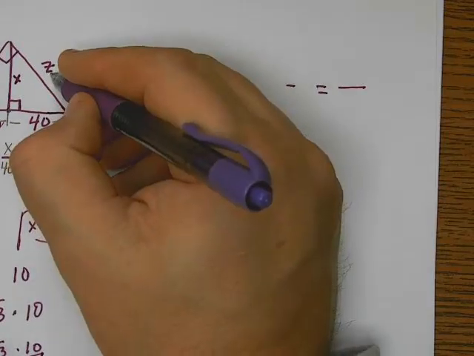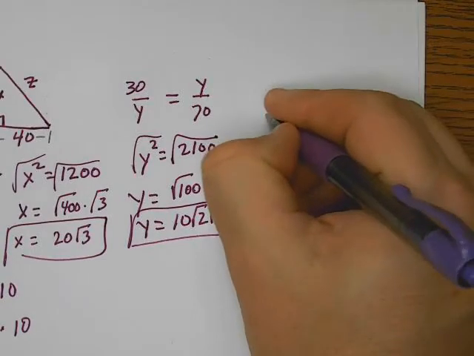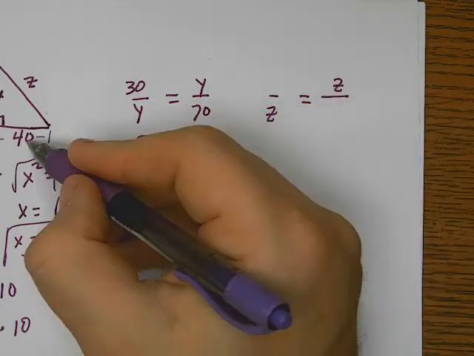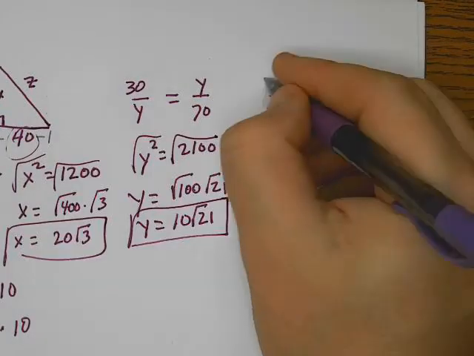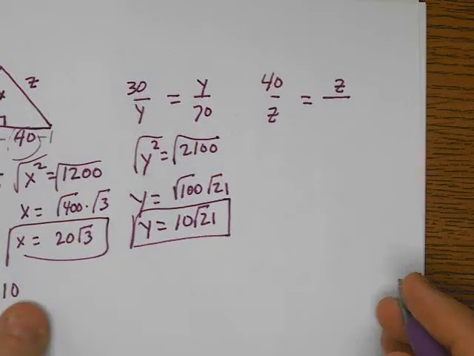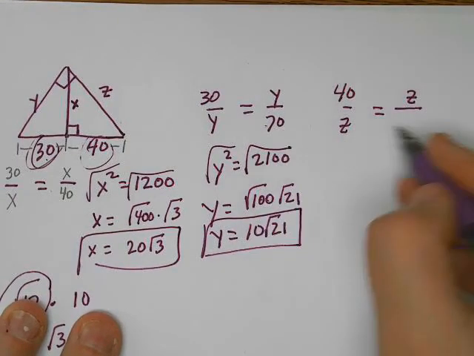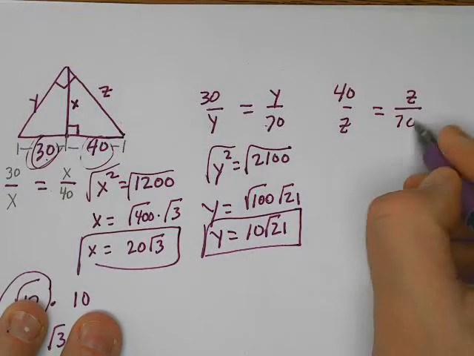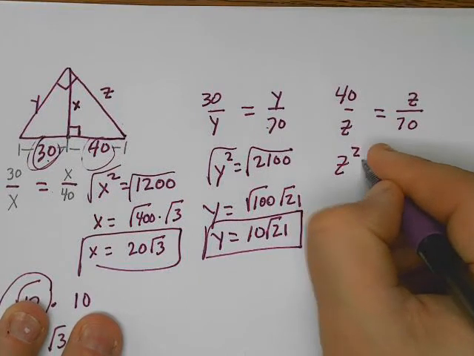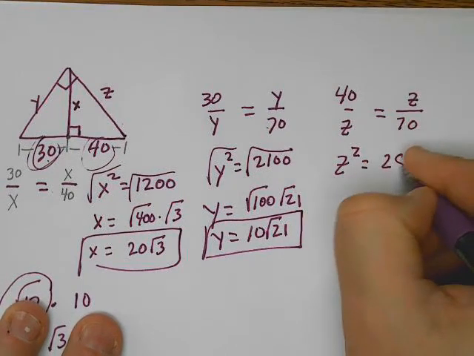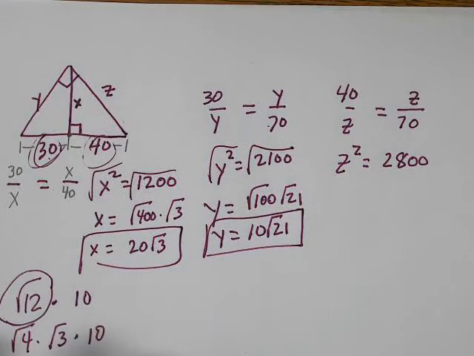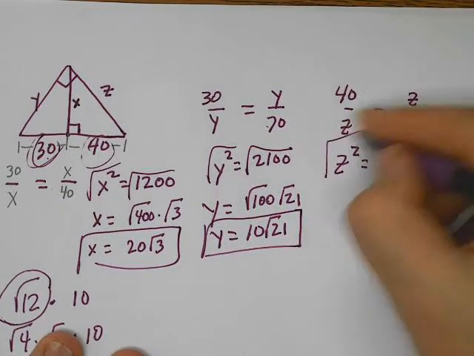Now Z is the geometric mean between the adjacent side, which is 40, and the entire hypotenuse. Just like it was 70 here, it's also 70 again. So Z squared then is equal to 2800. Let's simplify that.